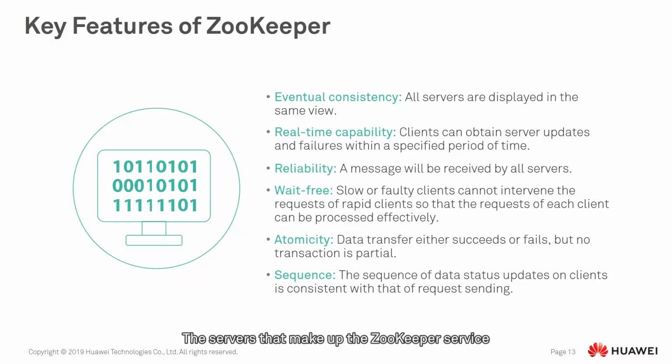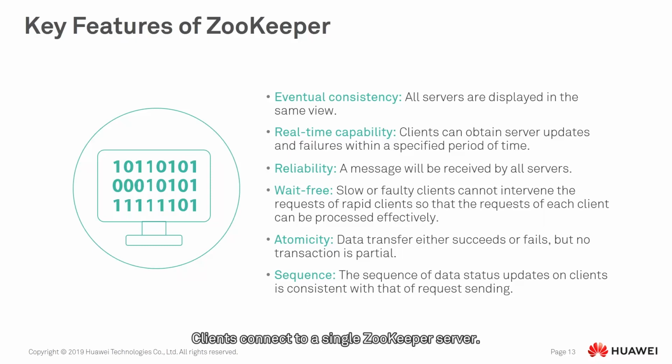The servers that make up the ZooKeeper service must all know about each other. They maintain an in-memory image of state, along with the transaction logs and the snapshots in a persistent store. As long as a majority of the servers are available, the ZooKeeper service will be available.